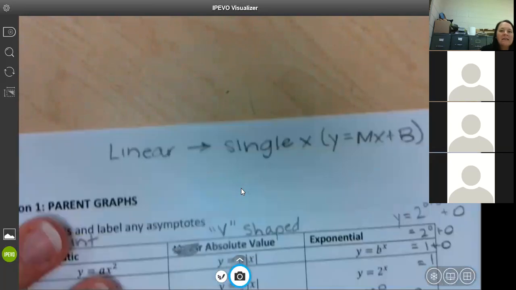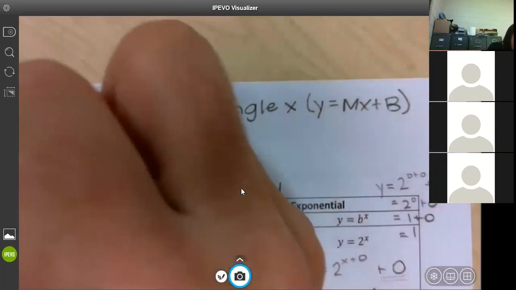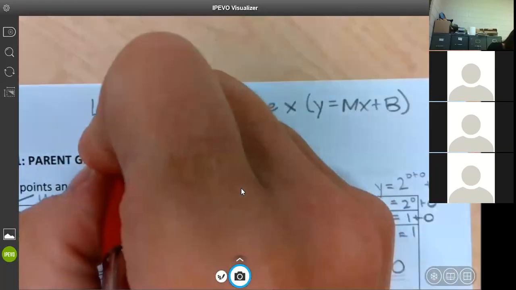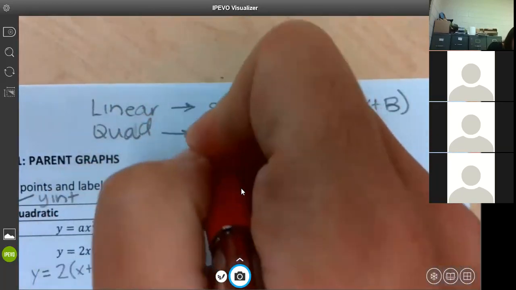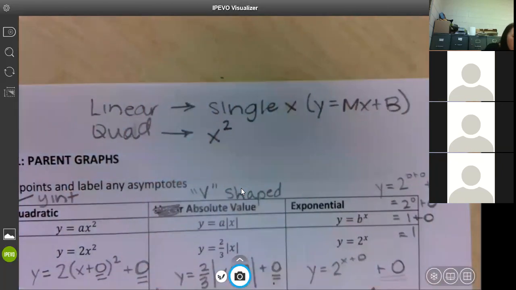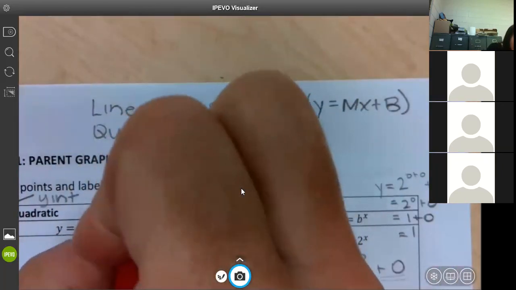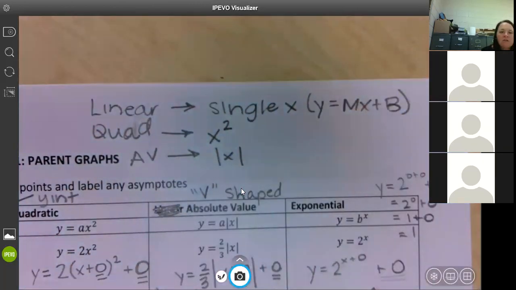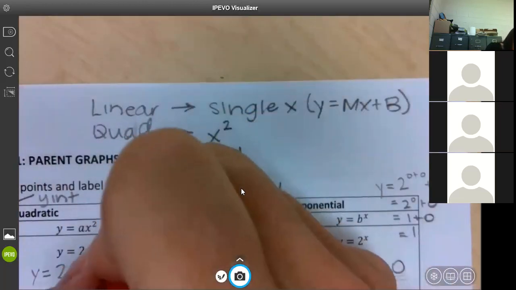I told you linear was a single X. Sorry, quadratic always has X squared. Absolute value has absolute value bars. I know that sounds so trivial, but that's it, okay? Absolute value has absolute value bars.